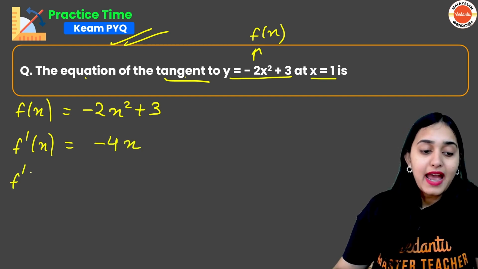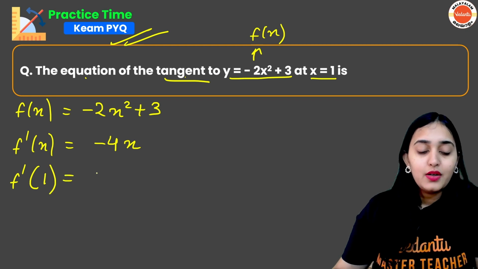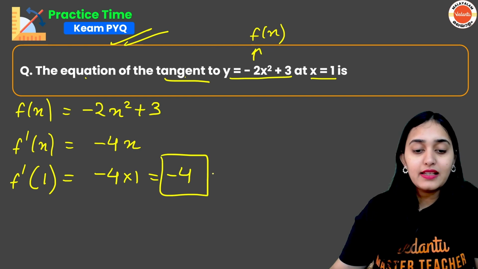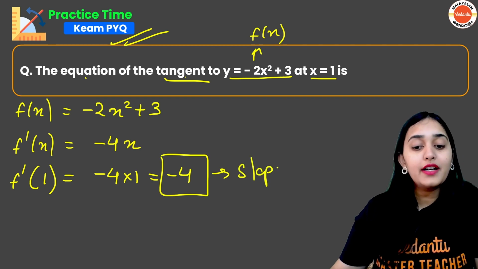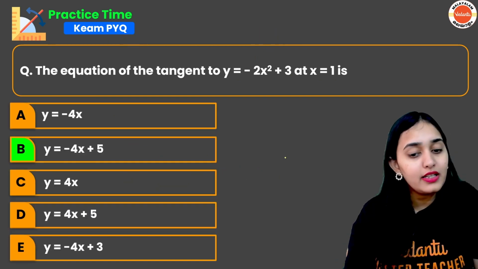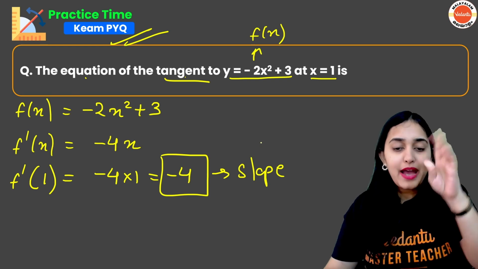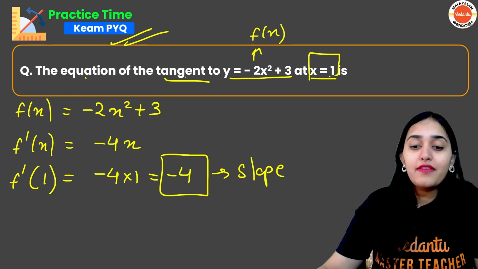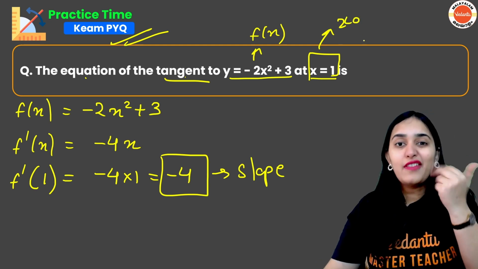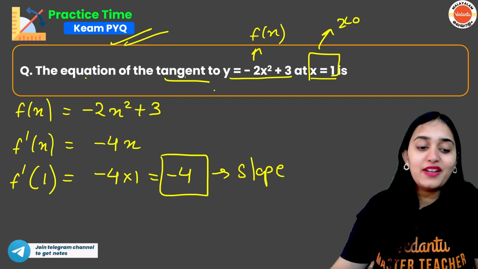Now f dash at point 1 will be minus 4 into 1 is equal to minus 4. This is slope of the tangent. We have got the slope. Now after you have the slope, you have x naught. But where is y naught? Let's find out y naught also.